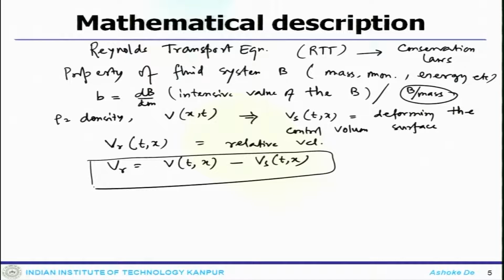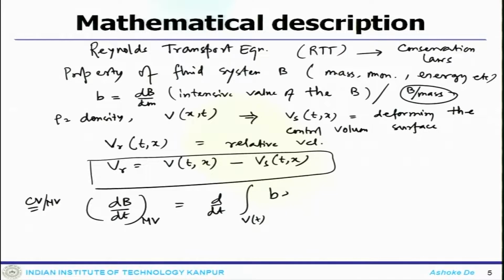Okay. Now, if I write for a control volume the property B over the material volume, then there would be the volume integral of b rho dV plus the surface integral of b rho VR dot n dS.